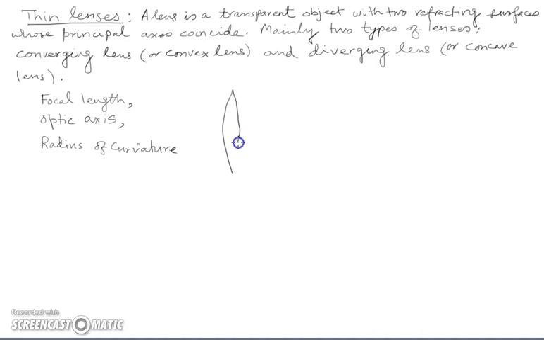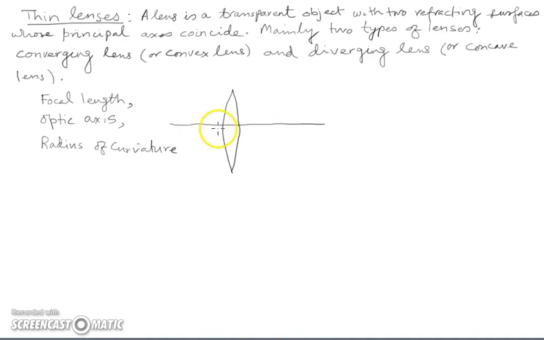It's made of two curved, refracting surfaces. By focal length we mean, if this is my optic axis, the axis passing through the centers of curvature of the two curves. So this is one curve, this is another curve, and their principal axes coincide.